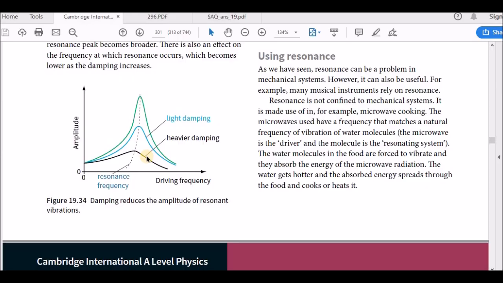So if the frequency of vibration of the earthquake is equal to the natural frequency of the building, it will absorb maximum energy from the earthquake and it will vibrate with maximum amplitude. This can cause the building to collapse. But if there are dampers fixed to the building, it will reduce that amplitude of oscillation and prevent the building from collapsing.